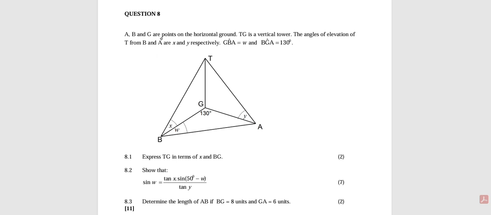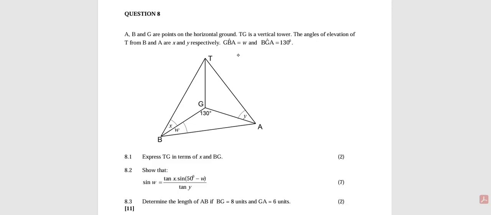So it says A, B and G are points on the horizontal ground. TG is a vertical tower. The angles of elevation of T from B and A are X and Y respectively.